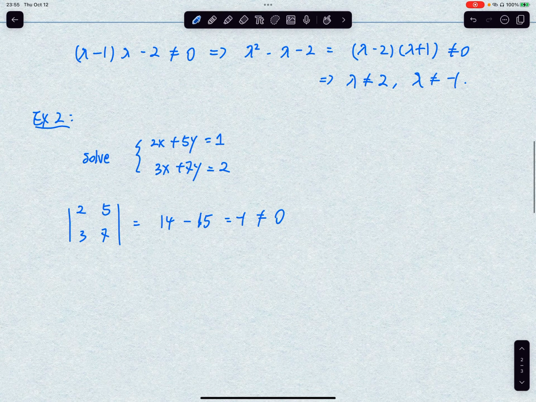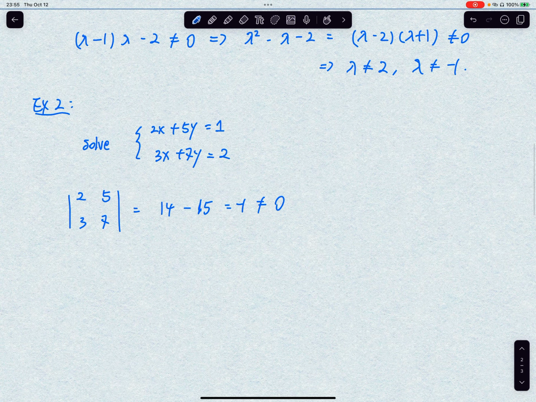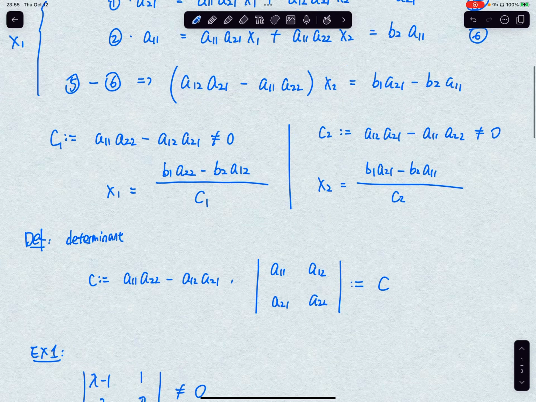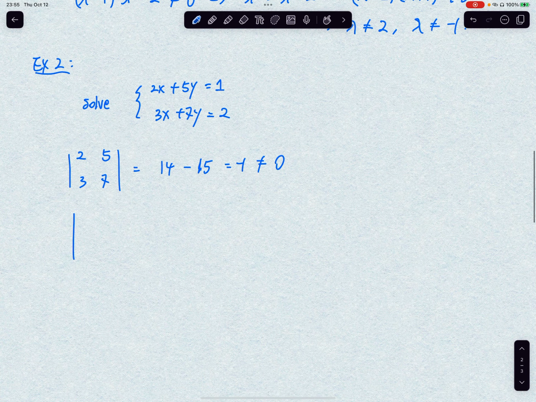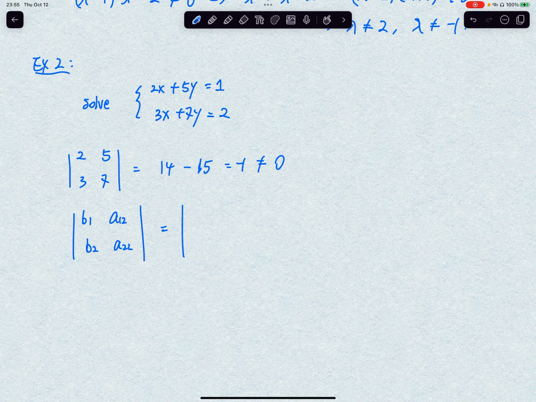So first of all, since we are going to calculate b1 a22 minus b2 a12, we may write it still in the form b1, a12, b2, a22. And this guy, obviously, b1 is 1, b2 is 2, and a12 is 5, and a22 is 7.